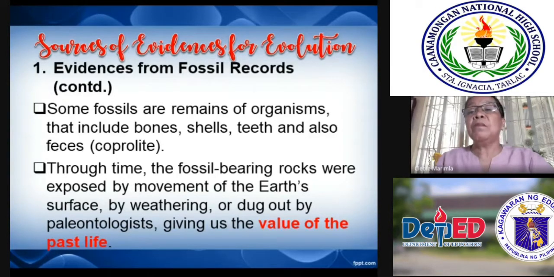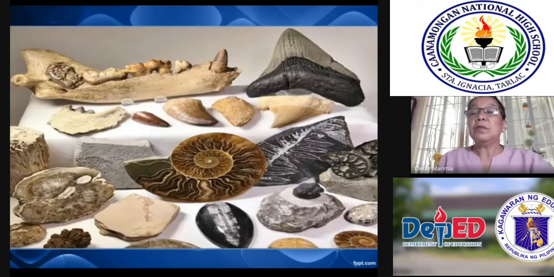Through time, fossil-bearing rocks were exposed by movement of the Earth's surface, by weathering, or dug out by paleontologists, giving us the value of the past life. So these are some examples of remains of plants and animals.